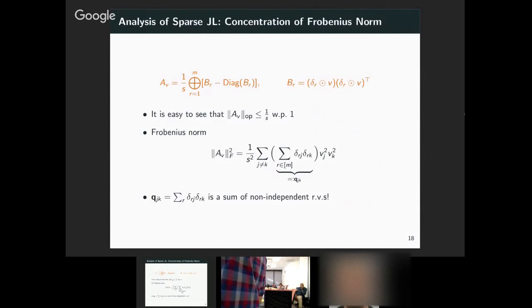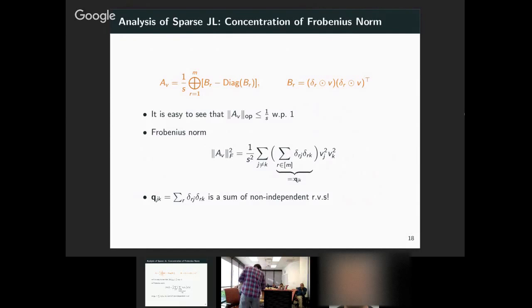So what we're looking at here is a sum over the different pairs of columns of these expressions that are scaled by the coordinates of V. And this Q_JK is a random variable, but it turns out that it's a sum of non-independent random variables. Okay, and I'm going to explain right next why this is the case and what's basically the meaning of this thing.